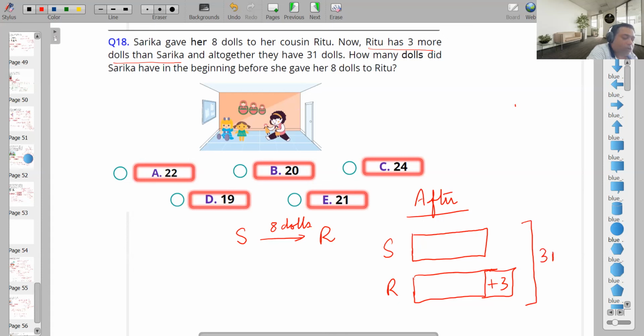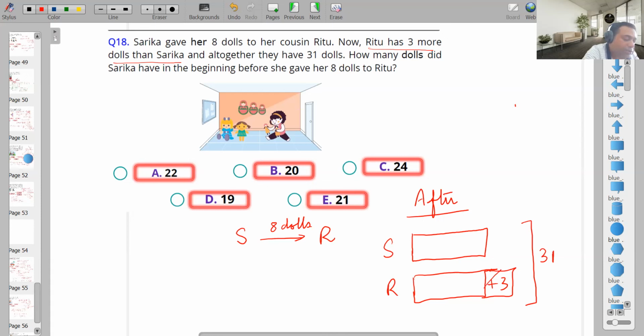The overall dolls will remain the same, either before or after, because the dolls are being transferred between each other. Nobody else is taking the dolls, so the dolls are either with him or with her. If you add them up, you get the same number of dolls. Now, Ritu has 3 more dolls than Sarika.